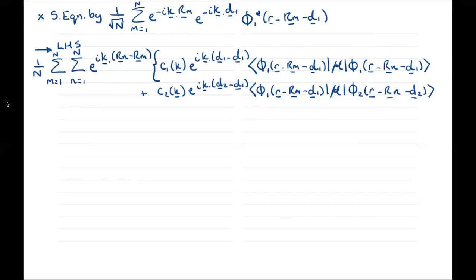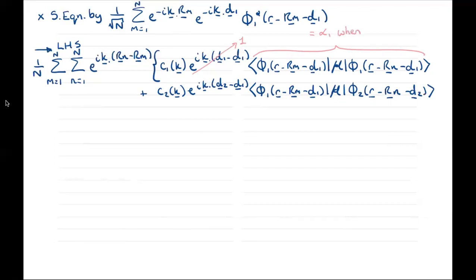So what can we simplify? Well, this first e to the i k dot (d1 minus d1), that's an easy one. It's e to the i k times 0, so this gives us a 1. The integral with both phi 1 terms in it is equal to alpha 1 when the two phi 1s are in the same unit cell.